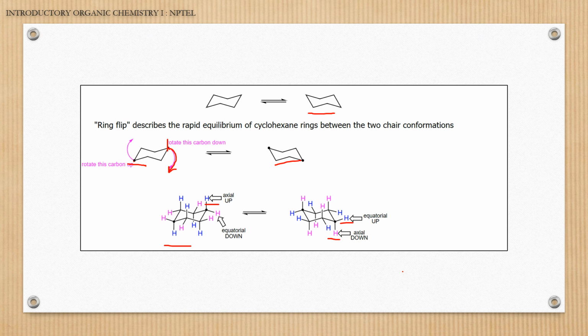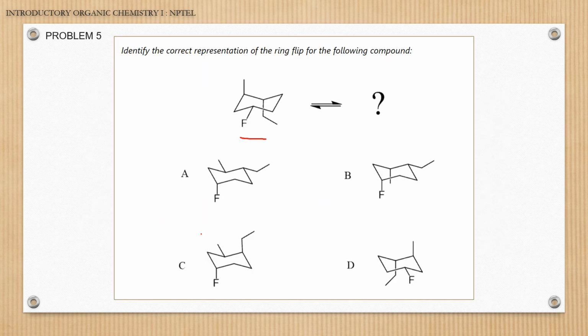Okay. So if there are no questions, what the question is asking is to write the correct representation of the ring flip. So you have to worry about the substituents which are present on this flipped ring. Flipping is there in all the four options, but substituents are going in another way.